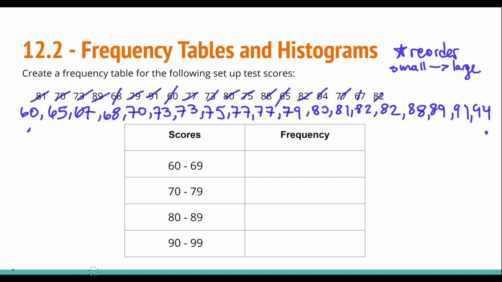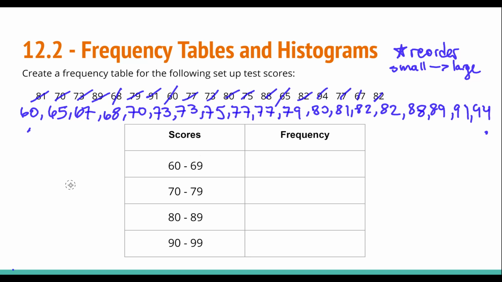Now frequency, hopefully this makes sense. We're just going to count for the first part the values from 60 to 69. So we got 60, 65, 66, 67, 68. Looks like there's 4 in total.